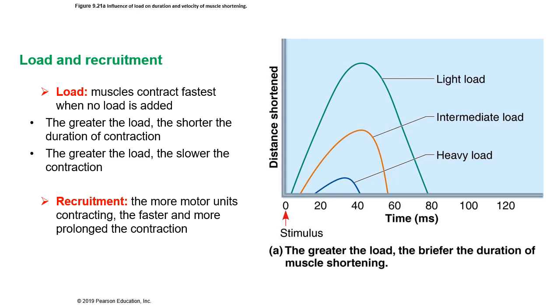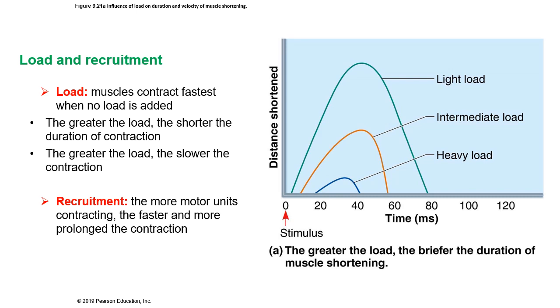So load and recruitment. Recruitment of what? Recruitment of your muscle fibers, right? Also load. If you're not carrying a load, it's a lot easier to move your muscles, right? So no load or very light load is very easy to contract the muscle. If you try to carry a heavy load, it makes things more difficult.